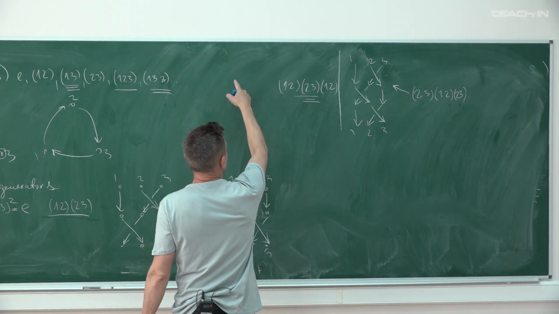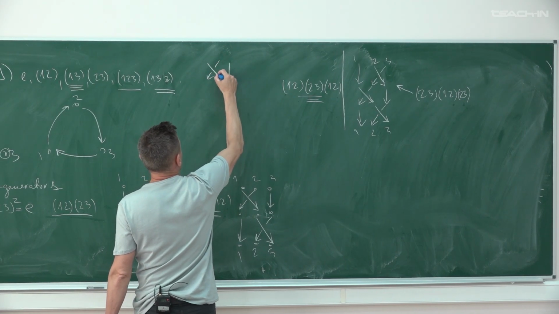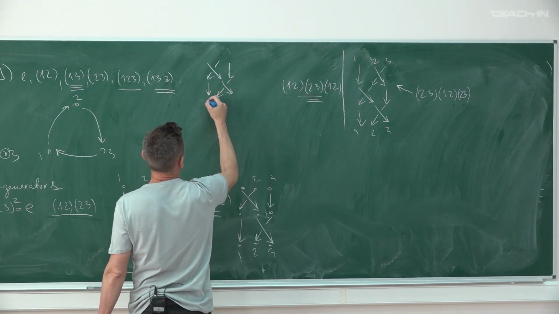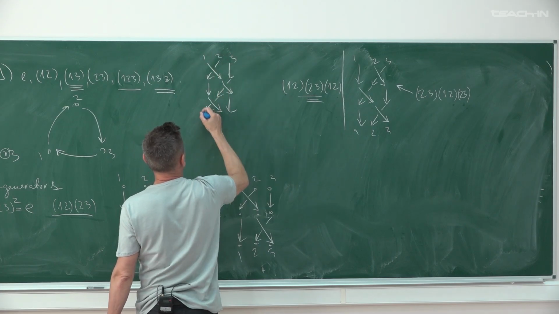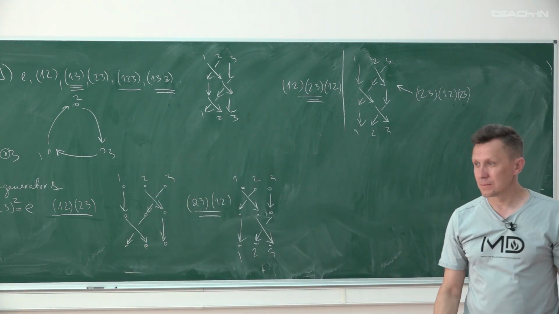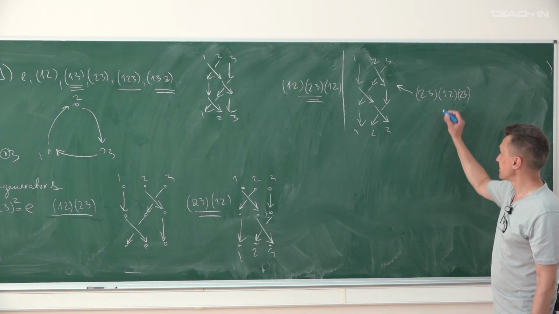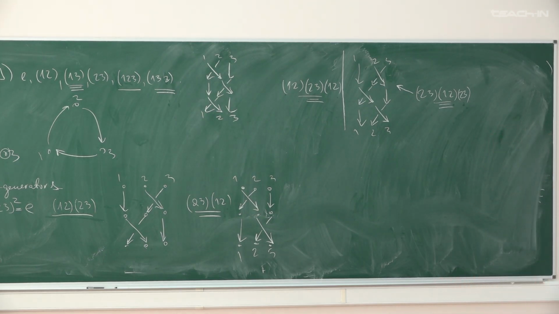And now I will write this. It's like (1,3) in the previous case. And here, 1 goes to 3, and 3 goes to 1, and 2 goes to 2.